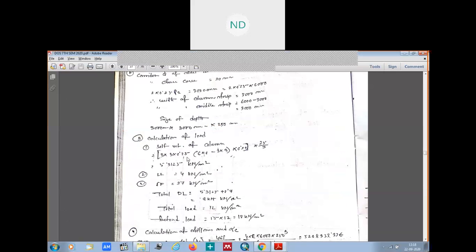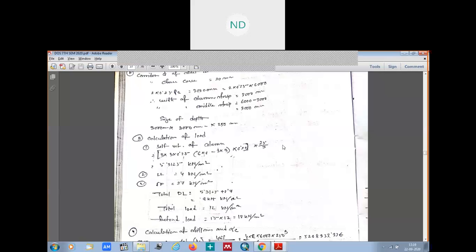Okay, and this is the total panel weight, the self weight of the slab, which is 6 into 6 minus, since we already have calculated the dead load of the drop portion, so that has to be removed. So minus 3 into 3 of the drop is removed, into our 200 depth of the plain slab, into the unit weight of concrete divided by our 36.